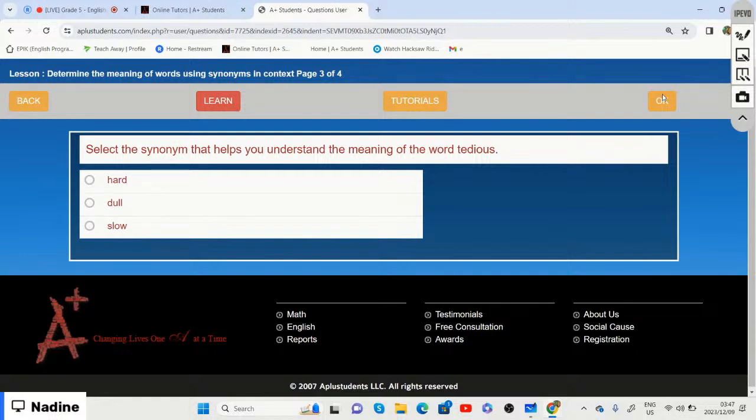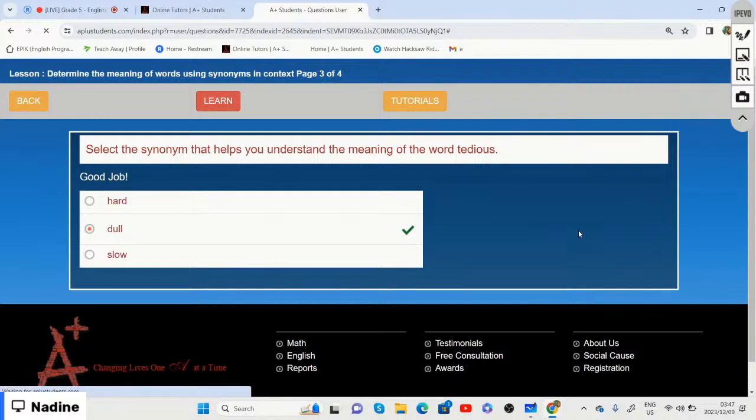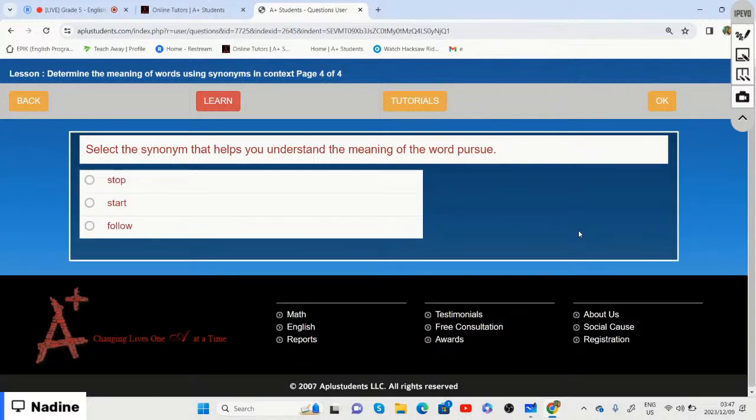So if we want to select the synonym that helps us understand the meaning of the word tedious, we would say it is dull, right? Because it's dull, it is monotonous, it's boring. And that is basically what tedious means.